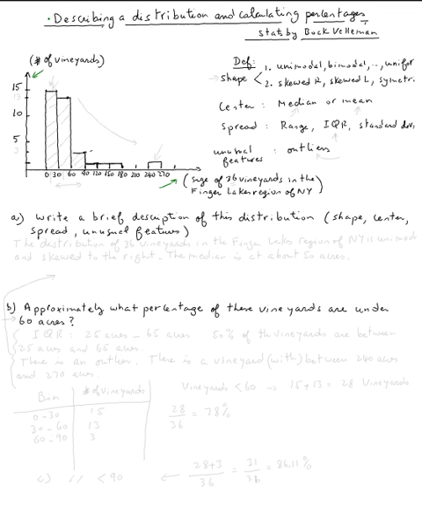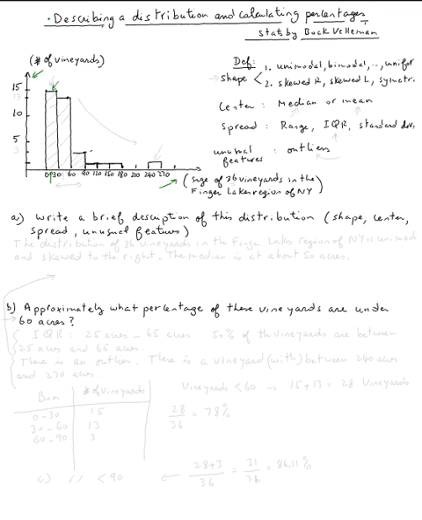On the x-axis it tells us the size. For example, if you look at the first bar, there are 15 vineyards such that their size is between 0 and 30 acres, and so on.